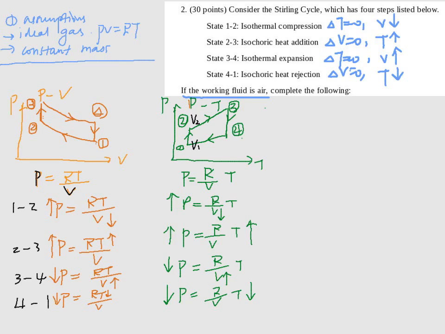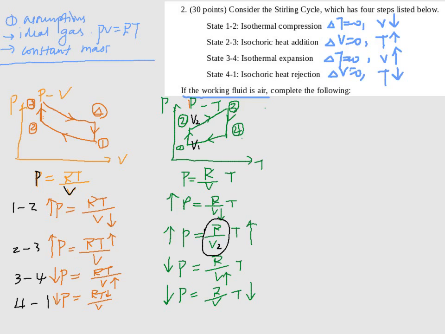So if you look back to our state 2 to 3, actually this V here is going to be V2, right? Because we compress the volume to V2, and that's how we find the slope of this line from 2 to 3 here. Same thing for process 4 to 1.